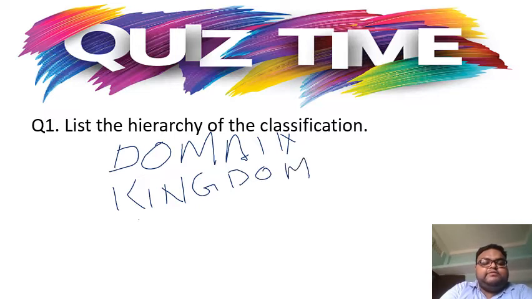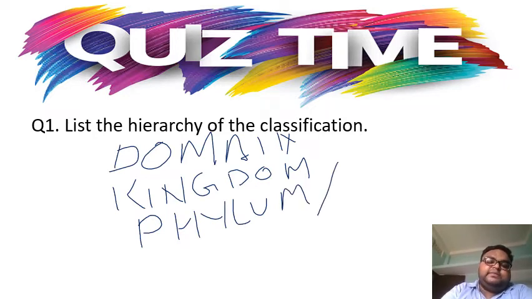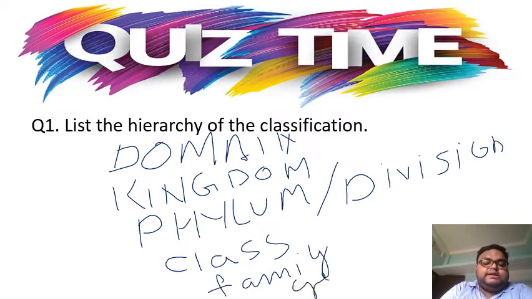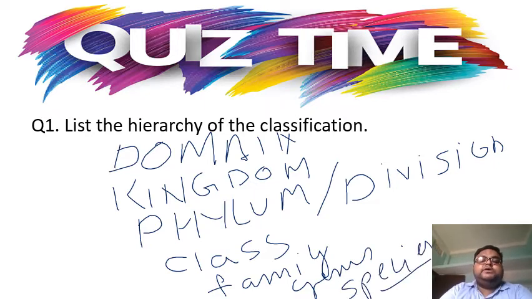After kingdom, there will be phylum in the case of animals, and in the case of plants, there will be division. Then there will be class. Then there will be family. Then there will be genus, and at last there will be species. So this is the hierarchy of the classification.